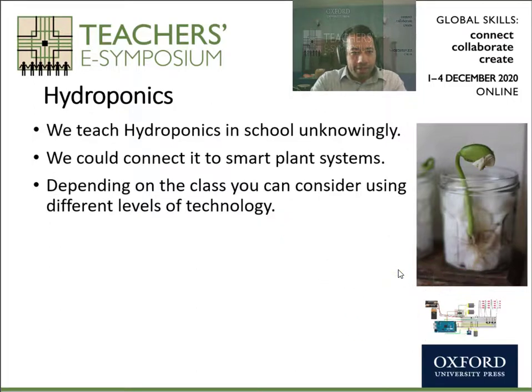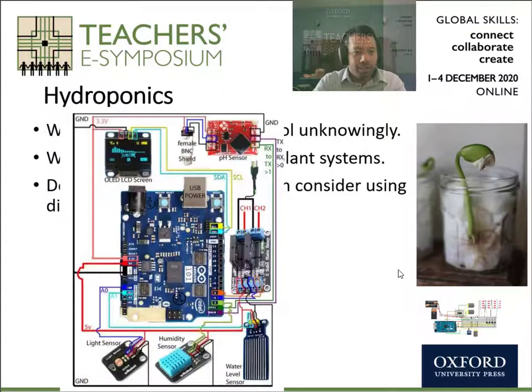Depending on the class, so if it's like class 5 or class 8, you could adjust the levels of the technology that you're using. So if you look at this one, here we have an OLED screen. Now, if you want, you could use this at a lower age, but then you would actually have to think about how you will structure that lesson.